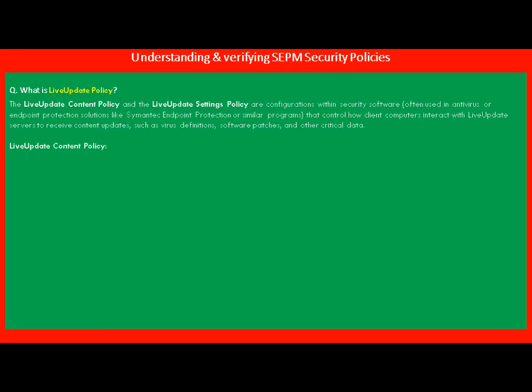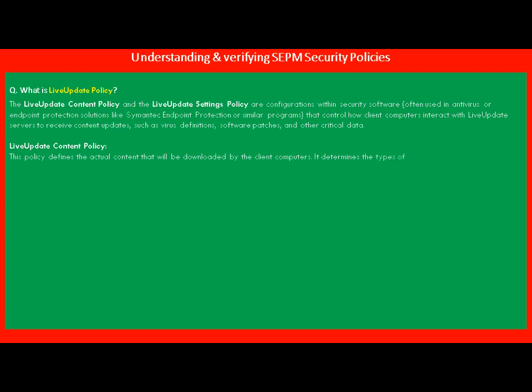So what is the live update content policy? There are two types of live update policies, the live update content policy and the live update settings policy. First is the live update content policy. This policy defines the actual content that will be downloaded by the client computers.